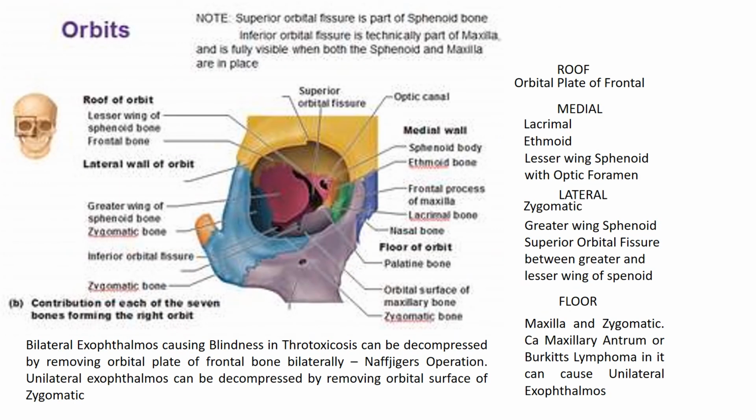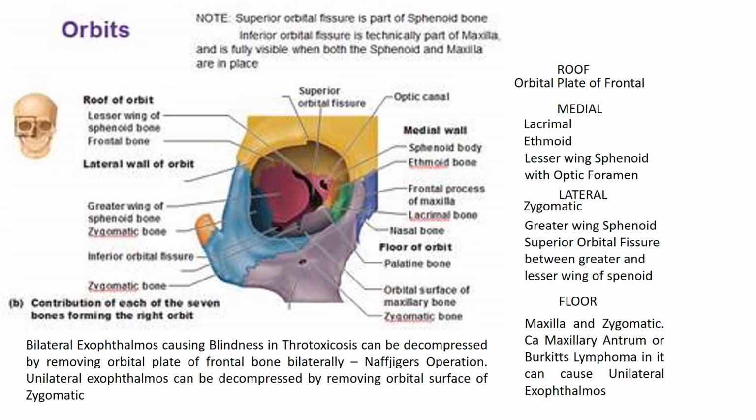Then you see the orbit roof by the frontal bone, orbital plate of the frontal bone. Medial wall, green is the lacrimal. Then you see the ethmoid. The purple is the lacrimal. Then the green is the ethmoid. And then you see the lesser wing of sphenoid enclosing the optic foramen.